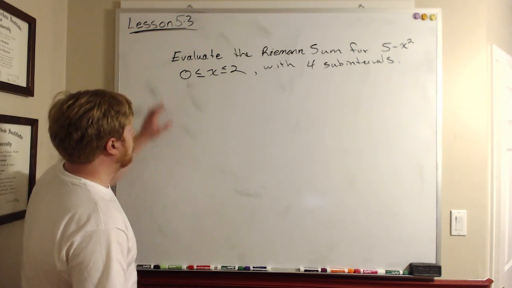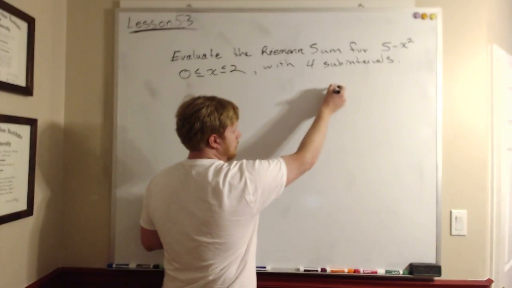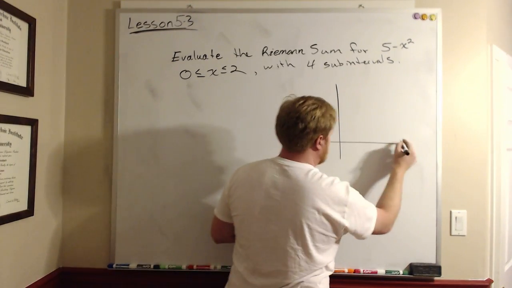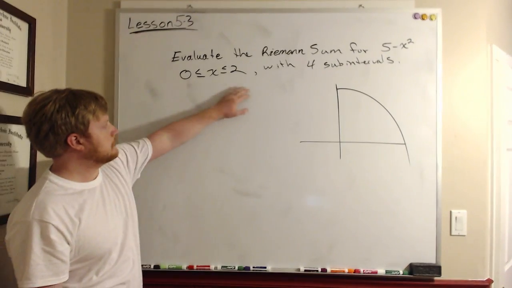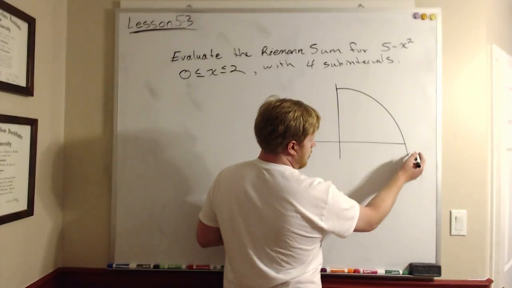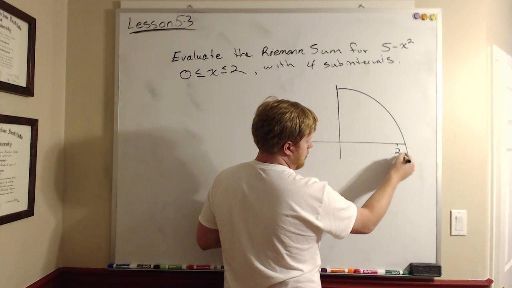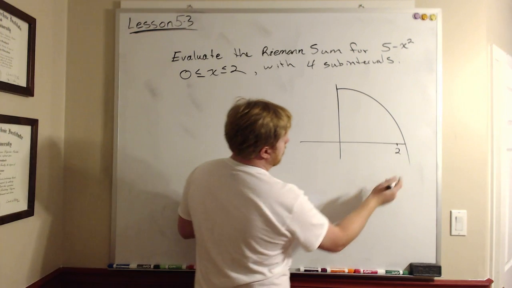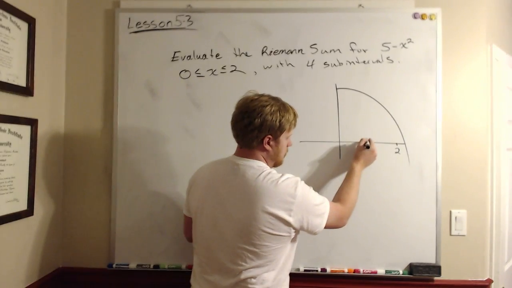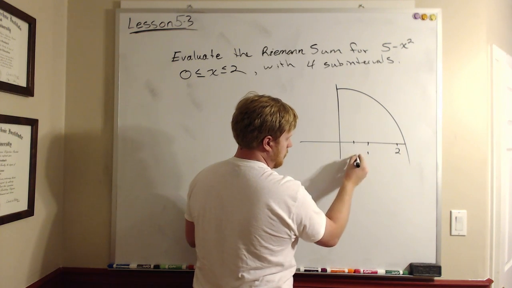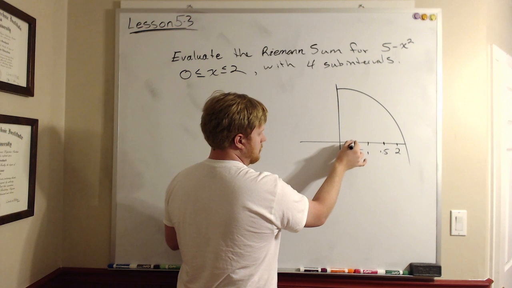Okay, so we want to evaluate the Riemann sum for the graph 5 minus x squared, which looks something like this, for x between 0 and 2. Okay, so let's see, 2 is I think like here-ish, and we want 4 subintervals. So that's 1, and that's 0.5, that's 1.5. There's my 4 subintervals.